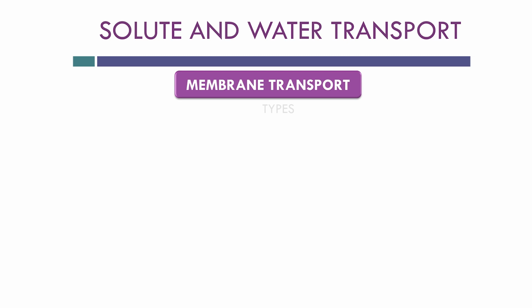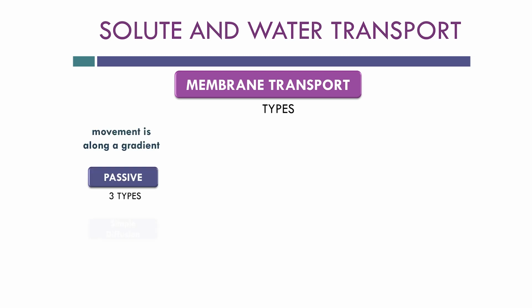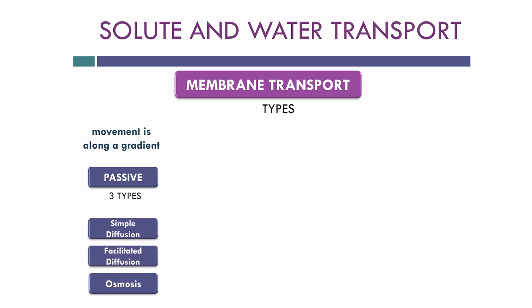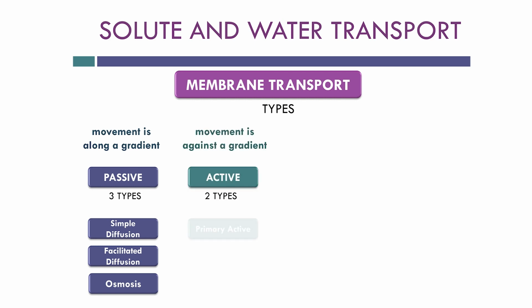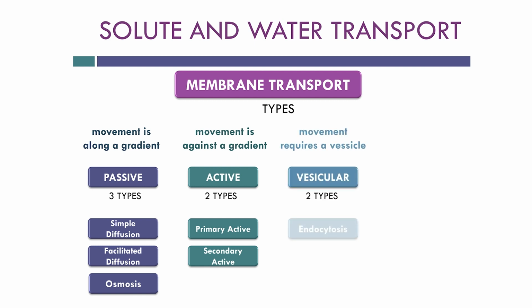So membrane transport, you have different types. When you say movement is along a gradient, it is considered passive. 3 types: simple diffusion, facilitated diffusion, osmosis. Movement is against a gradient. It's active. There are 2 types: primary active and secondary active. Movement requires a vesicle, 2 types: endocytosis, exocytosis.